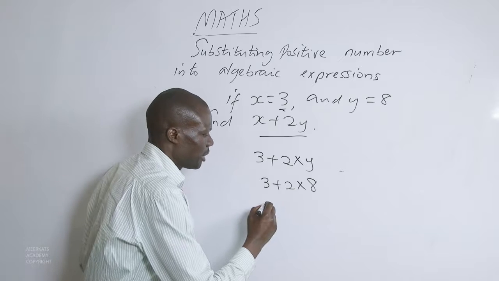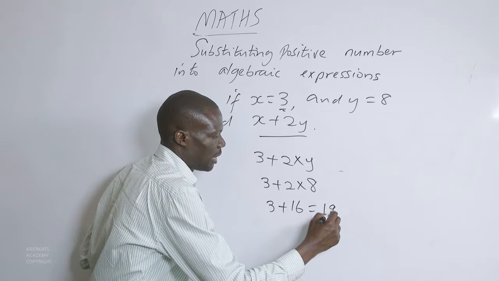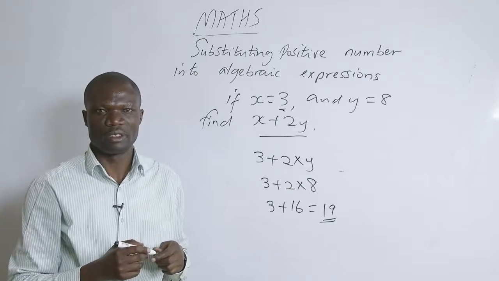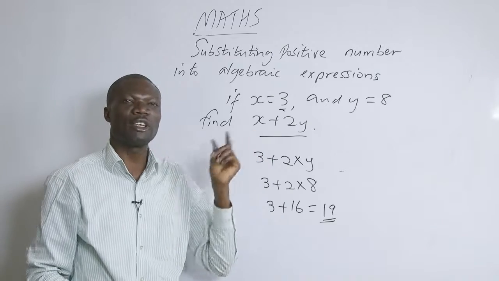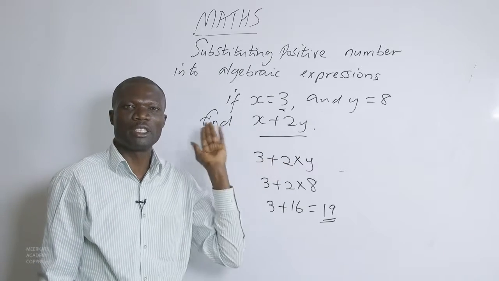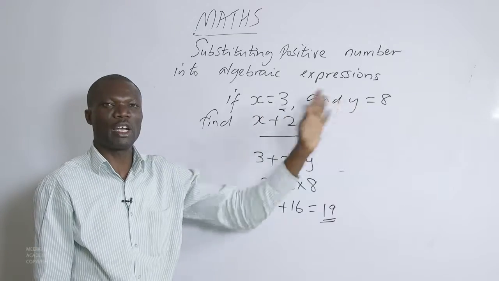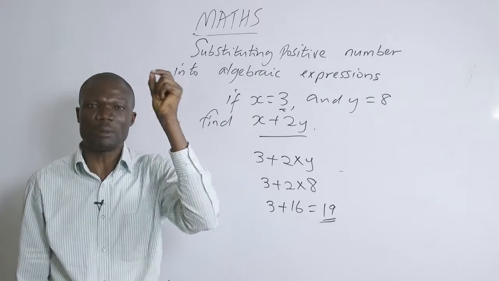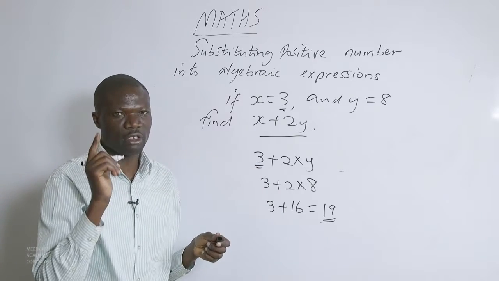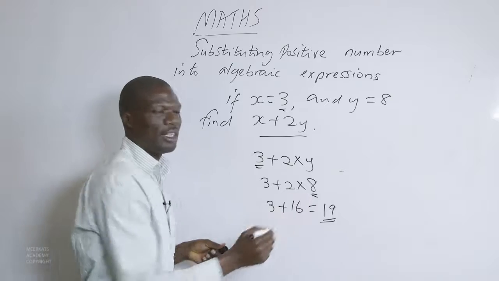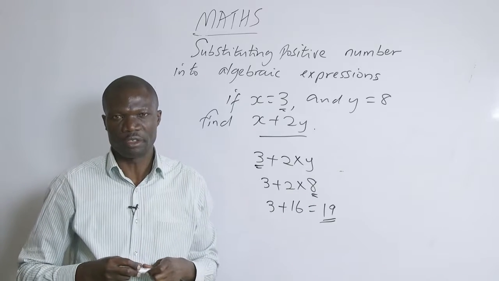So this becomes 3 plus 16, which gives us 19. Initially we had an expression of x plus 2y, but since we had the value of x and the value of y, those variables were substituted, that is, 3 in place of x and 8 in place of y. That is what you call substitution.